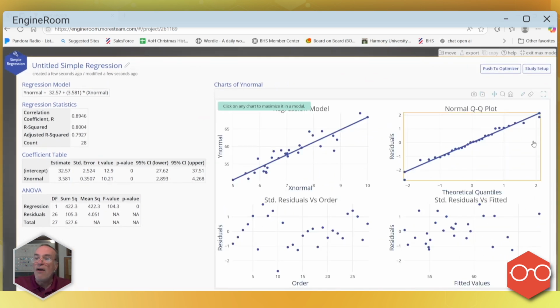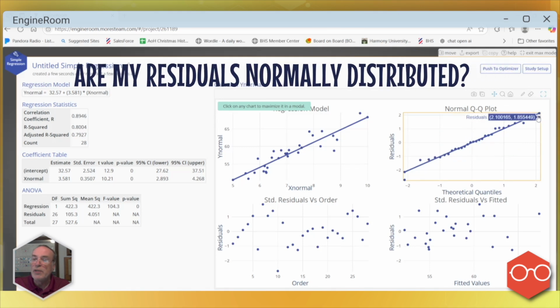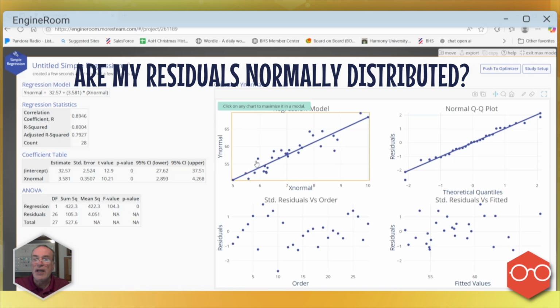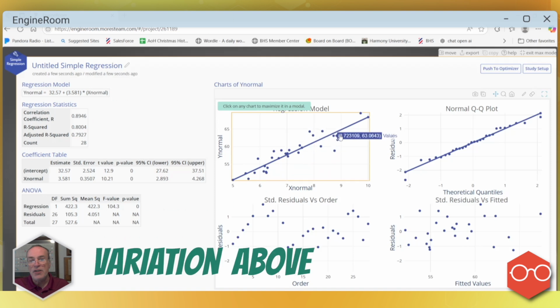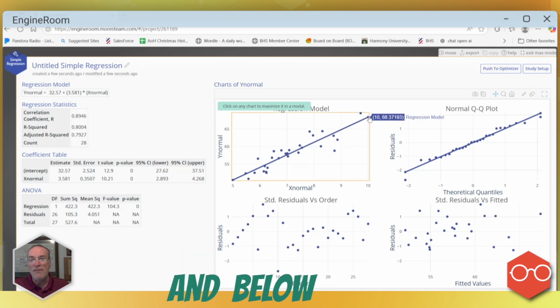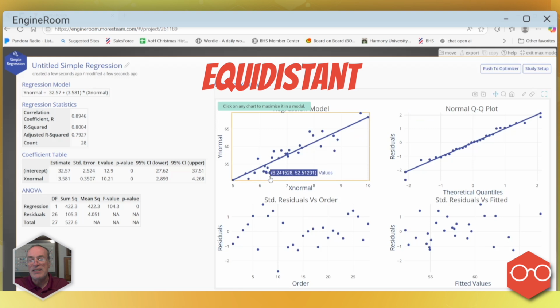And so now we care about a few of these graphs. And so we care about, are my residuals normally distributed? And the answer is yes. We care about this particular graph, making sure that the variation above and below the graph is kind of equidistant.